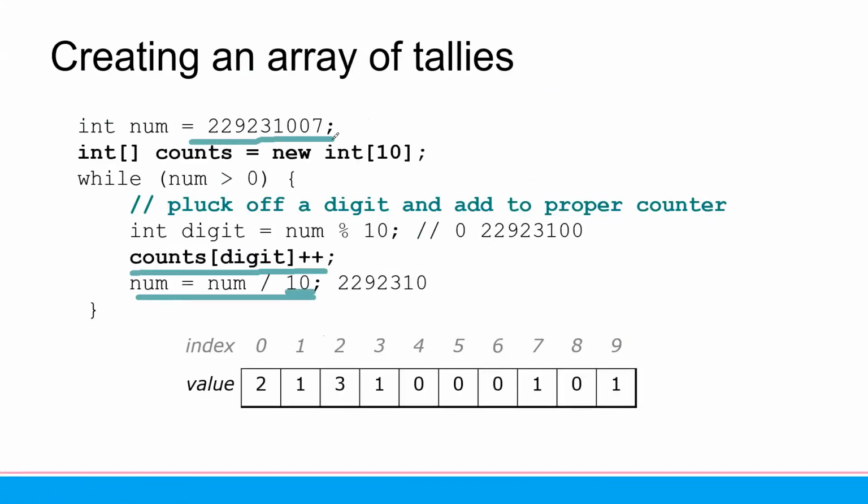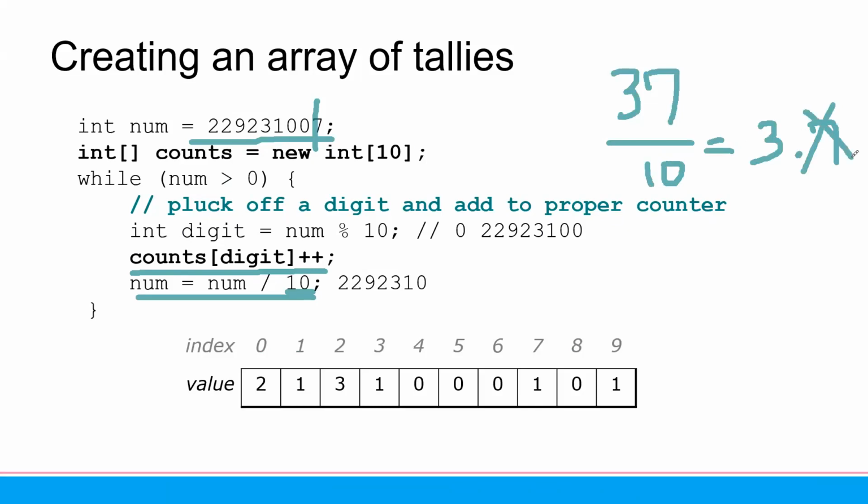If I divide this number by 10, we will remove the last digit. 37 divided by 10, the result is 3. Okay, not 3.7. Why? Because it is integer divided by integer.